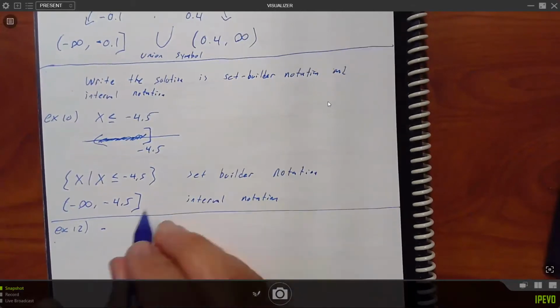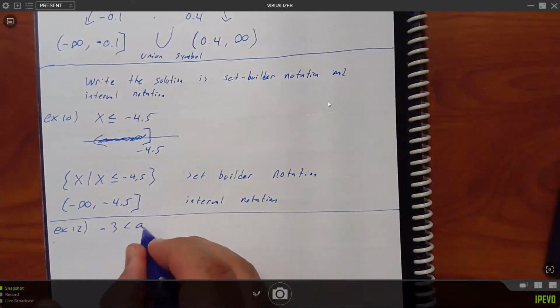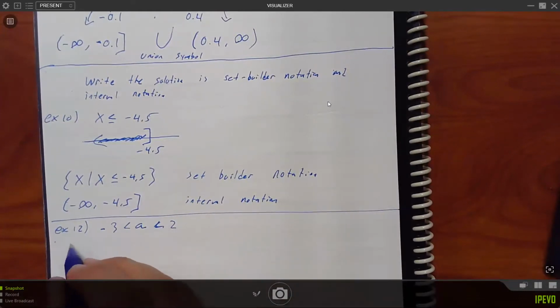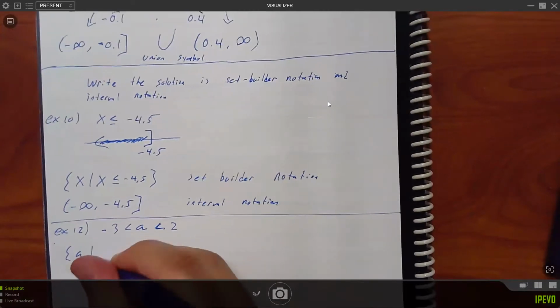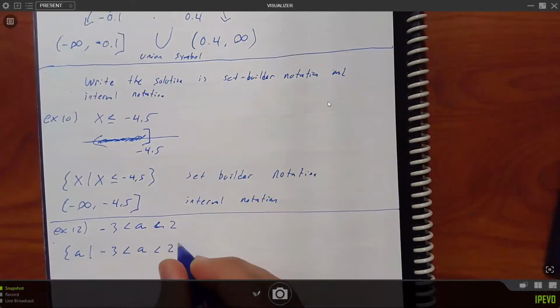So same instructions. Negative 3 is less than a, which is less than 2. So the set builder will be a such that a, oh, actually, just write the symbol. A is between negative 3 and 2, but not equal to those endpoints.